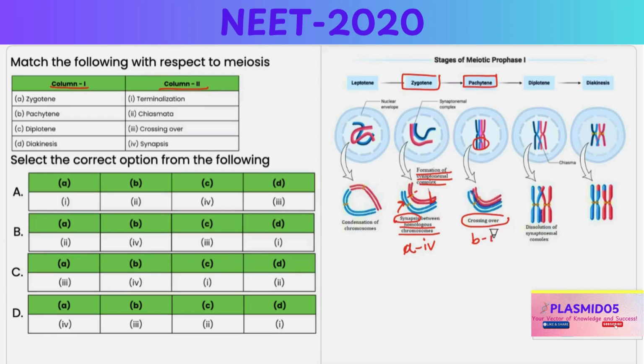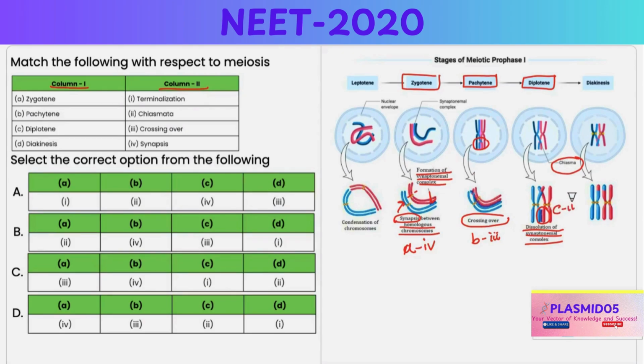Now, during the diplotene stage, the synaptonemal complex begins to dissolve and the homologous chromosomes start to separate slightly while remaining connected at the chiasmata. Thus, C matches with 2.